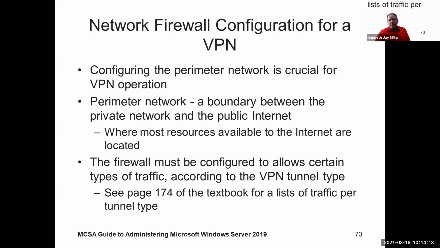All right. Network firewall configuration for a VPN. On our perimeter network, we're going to have to allow the traffic to come in, and certain types of traffic. You have to look at different VPN tunnels will use different sockets, right? Different protocols, whether it's TCP or UDP, the traffic type, and you'll want to make sure that you allow that.